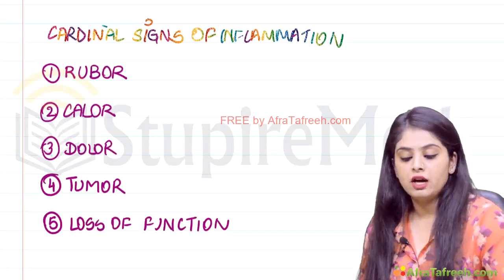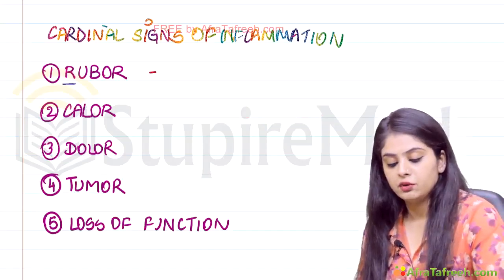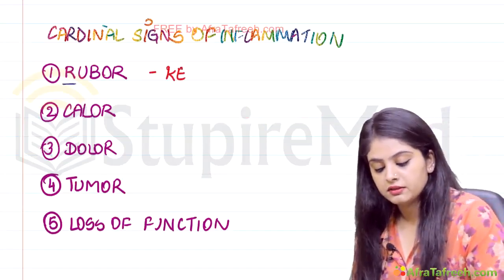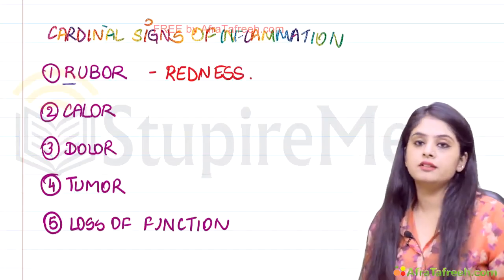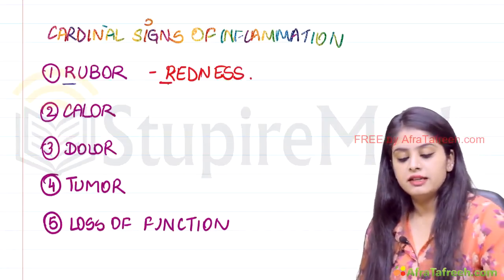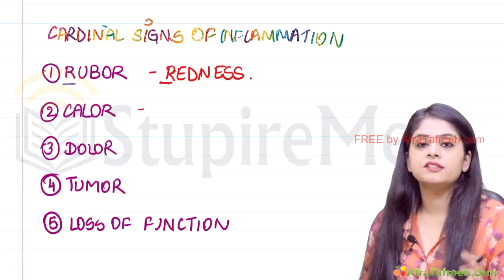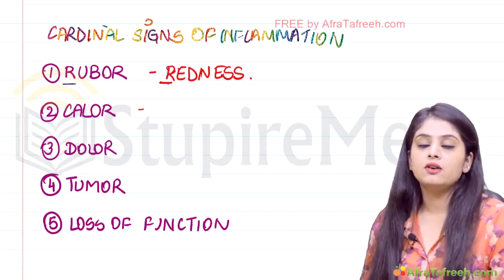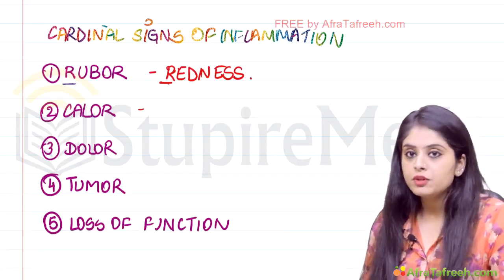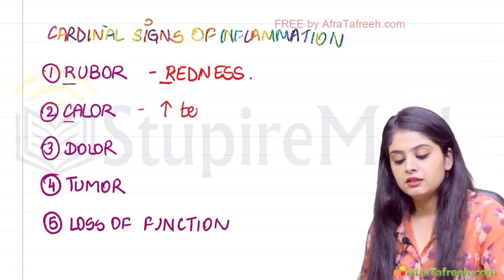Rubor. R for rubor, R then stands for redness. R for rubor, R for redness. The next that we have is calor. Now go back to your physics and chemistry days. Caloric or calor meant an increase in temperature. So calor would now mean an increase in temperature.